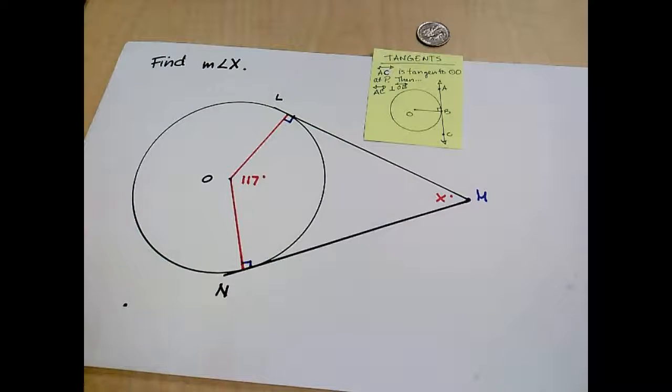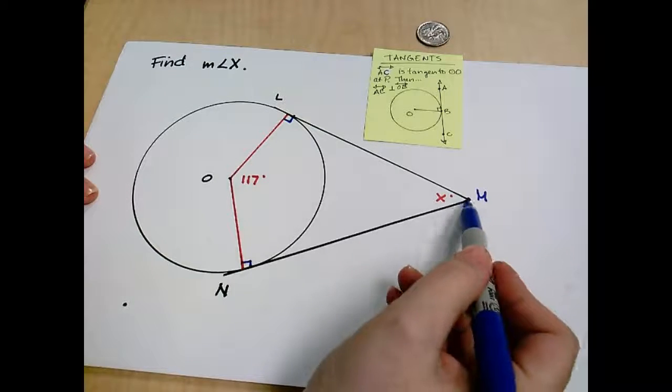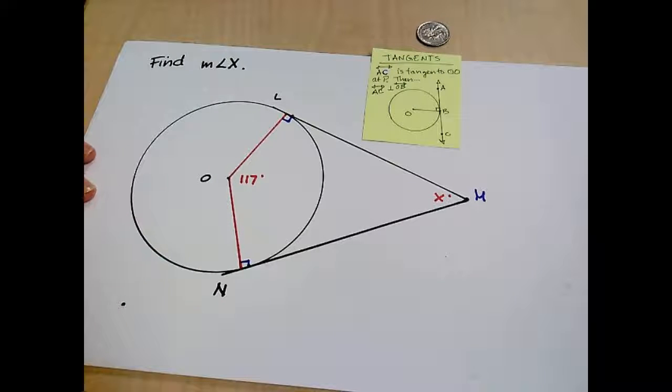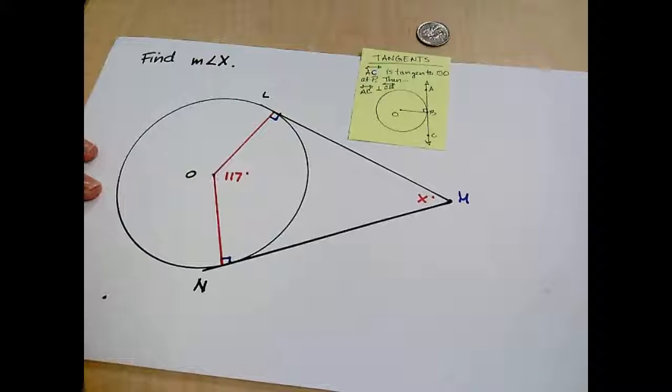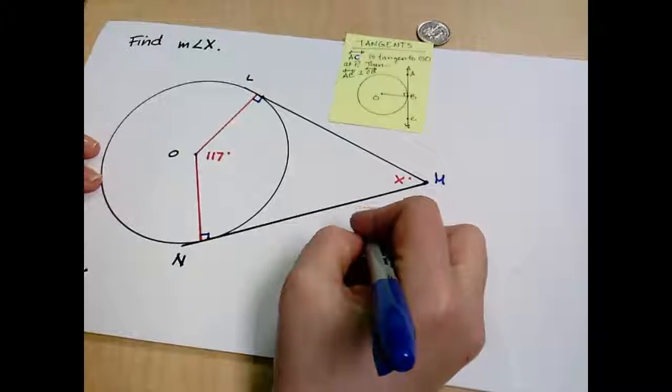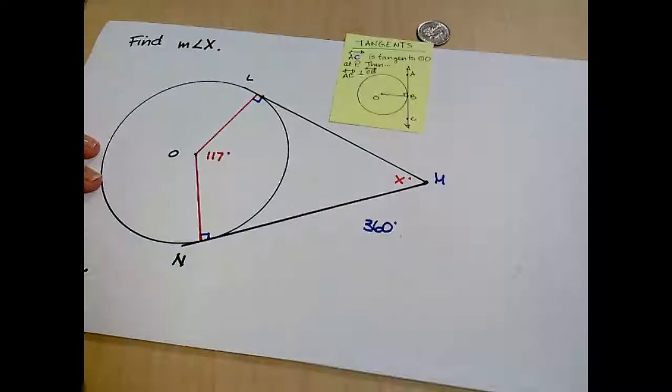But now it becomes a simple solution for our problem. So we start off with, this is a quadrilateral, right? M, N, O, L makes a quadrilateral. And so you know already that the measure of the interior angles of a quadrilateral is 360 degrees.